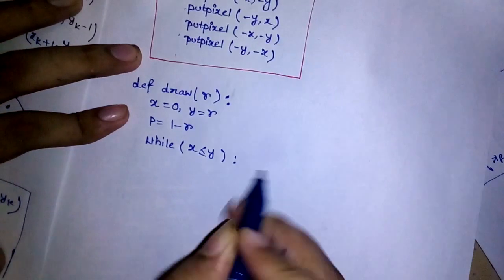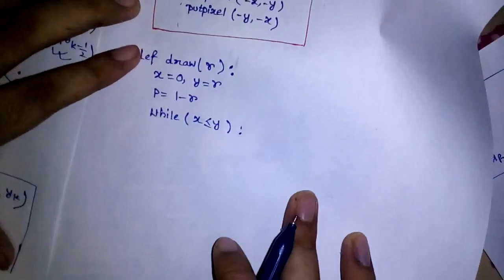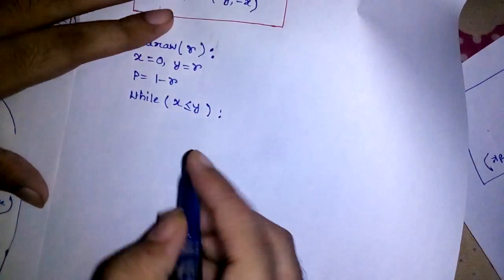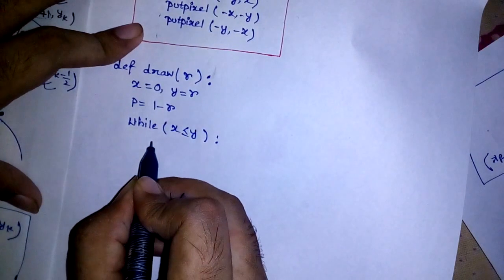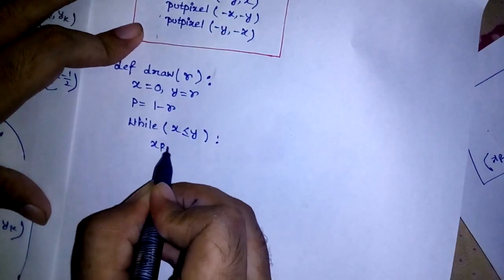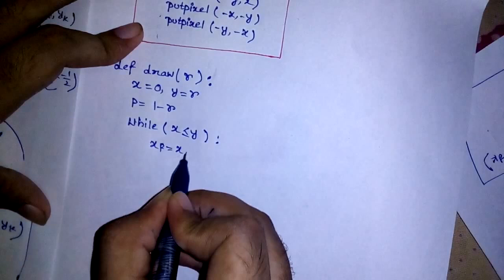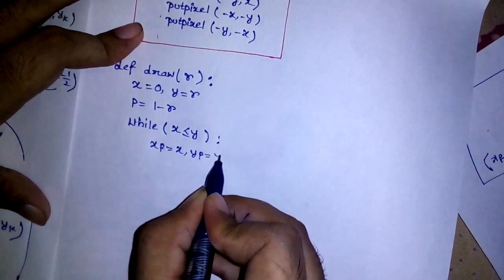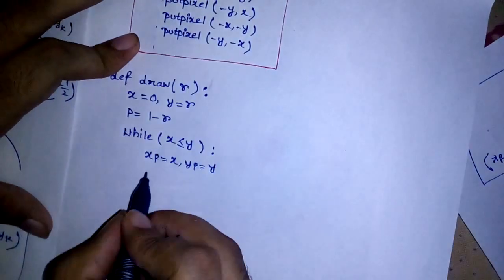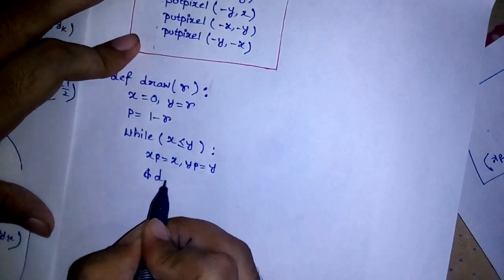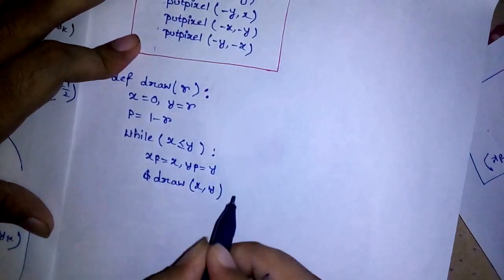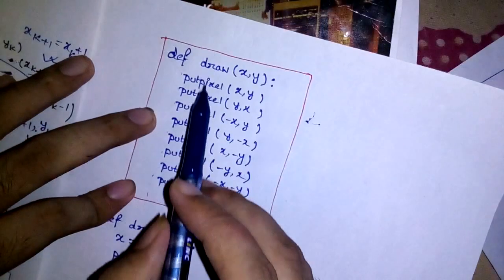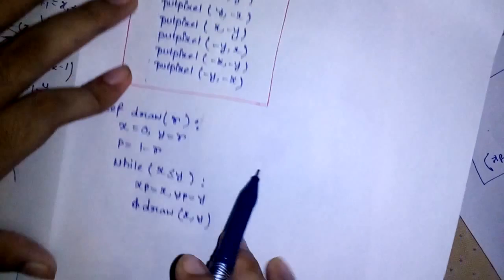Now first I'm going to store the previous points: xp is equal to x and yp is equal to y. I'm storing the previous points. Then I will call this draw function to place this x, y, so for each and every point the 8 pixels will be plotted.